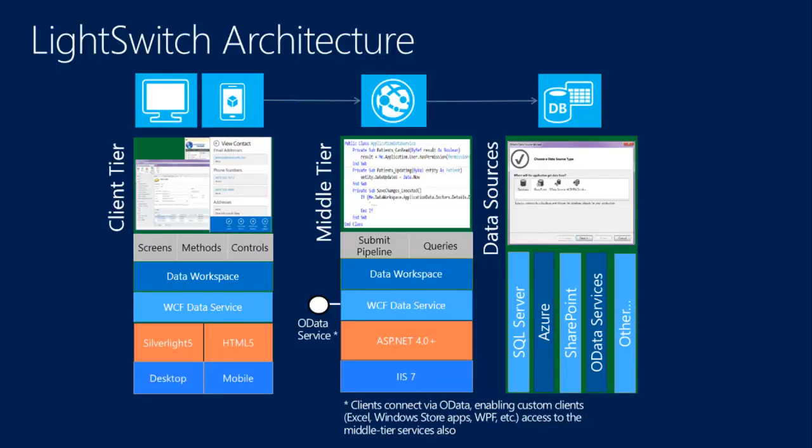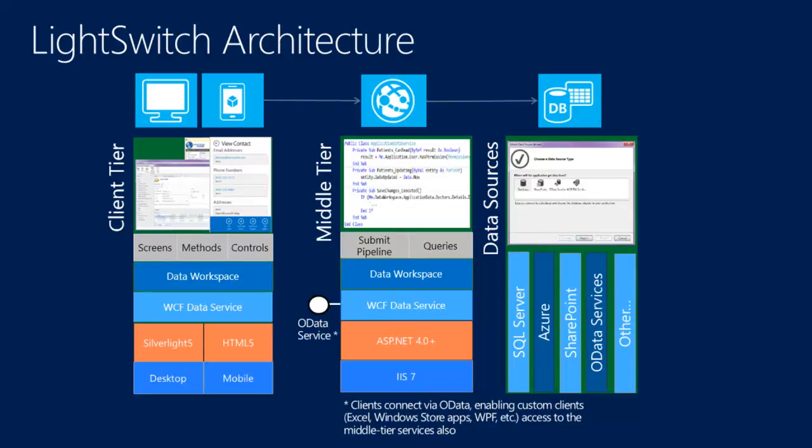Okay, so it's just an ASP.NET app. Using WCF Data Services, it's .NET in the middle tier. Okay, and on the client side, we have two choices of clients: a desktop client with Silverlight 5 and a mobile client with HTML5. So depending on which client you use, the design experience is very familiar. But when you code things, you'll use either VB or C# in the .NET sense, or JavaScript in the HTML5 sense.